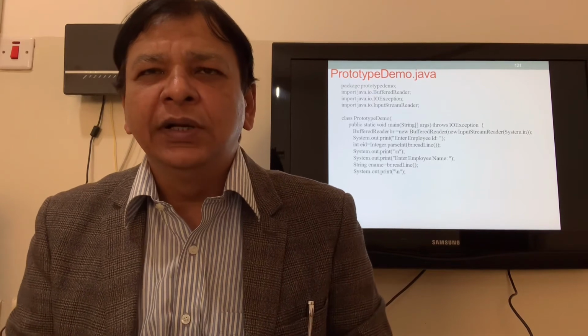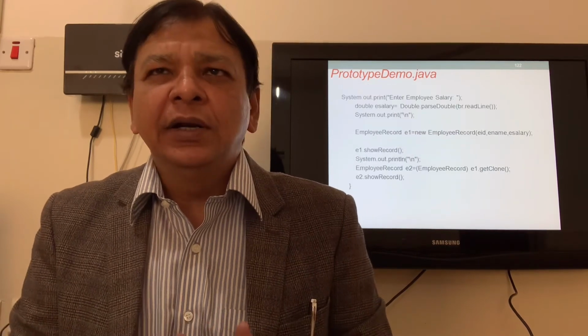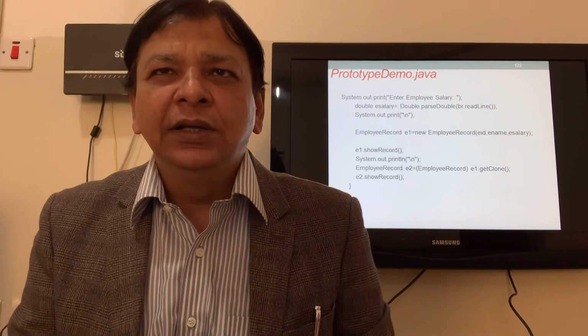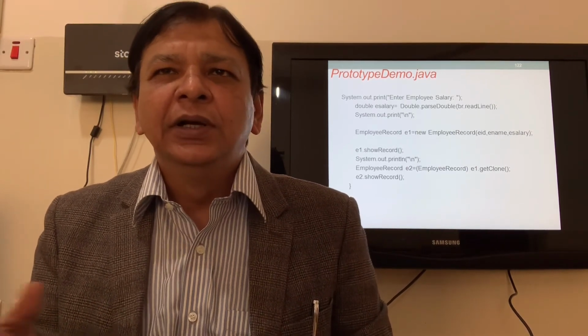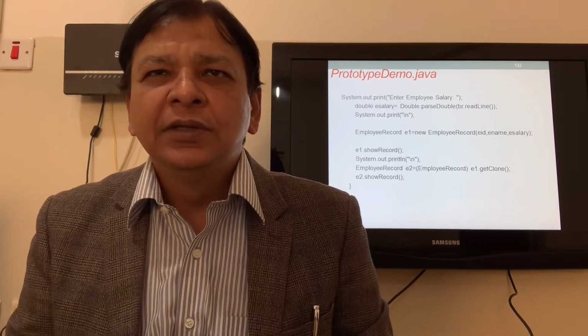So we are converting the string into integer using the parseInt. buffer.readLine and system.out.print new line, system.out.print enter employee name, then string employee name is equal to buffer.readLine and system.out.print. System.out.print enter employee salary, double employee salary is equal to Double.parseDouble. Now we are converting the employee salary into double data type.